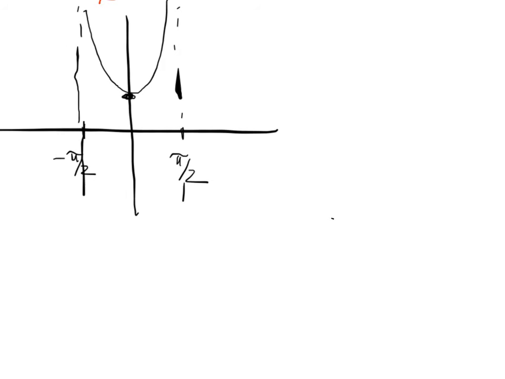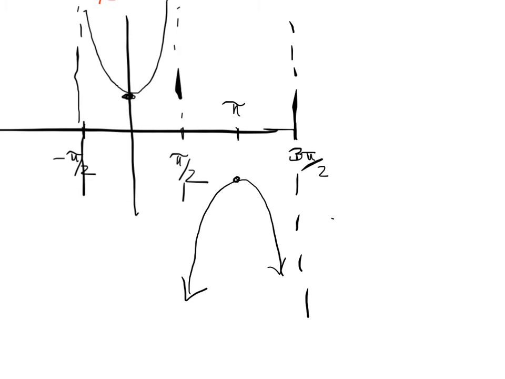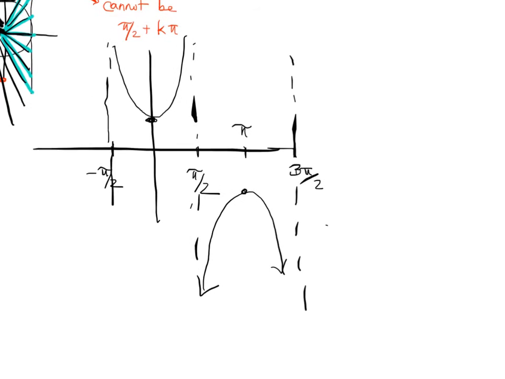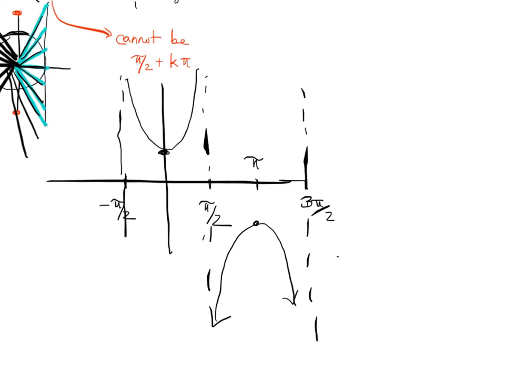So at pi, secant is -1. Okay, so there we have one period of secant as graphed without appealing to cosine.